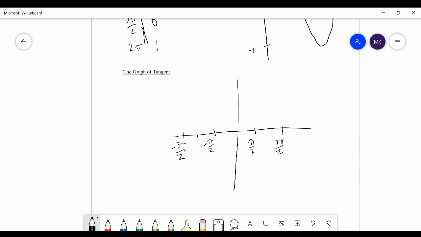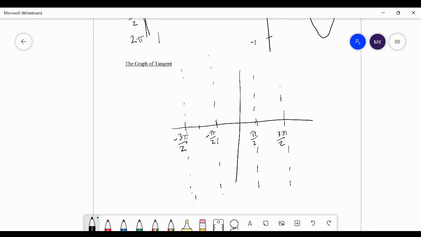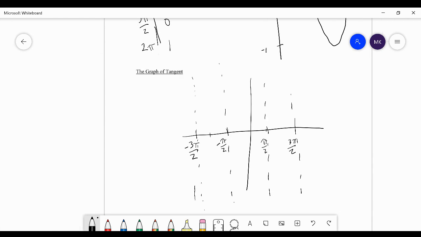Okay, sorry about that. So what this graph does is at 3 pi over 2 and pi over 2, and the negatives and positives, we get asymptotes. And our function between there looks like this.